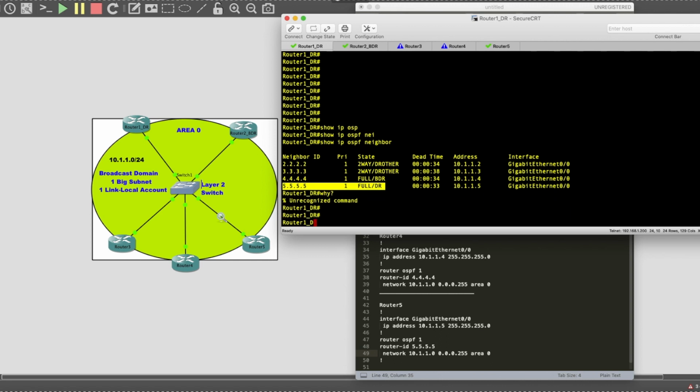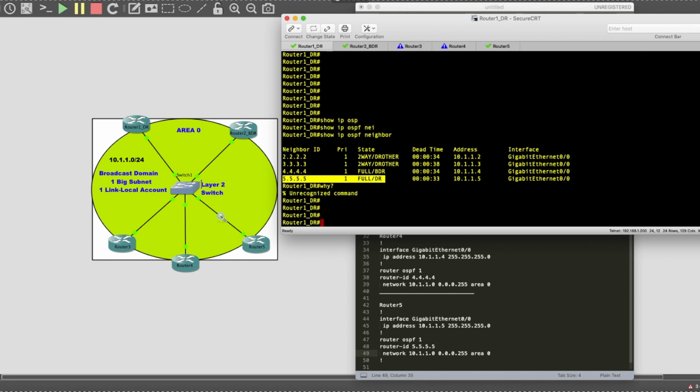Why did that happen? Well, like we said, as soon as OSPF recognizes that it's connected to a broadcast network, once the routers all recognize that they're sharing the same subnet, the election process begins, and the router with the highest priority will become the designated router. Now, like I mentioned before, the default for all OSPF speaking interfaces is 1, unless it's been statically and manually defined.